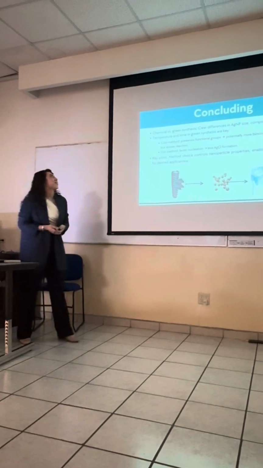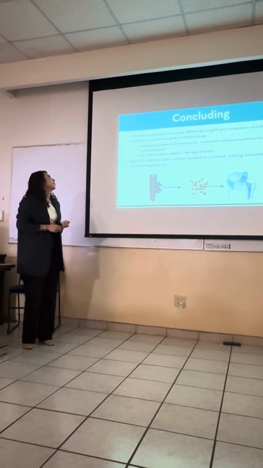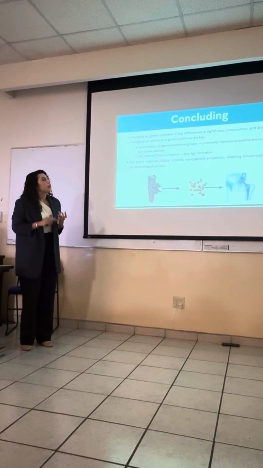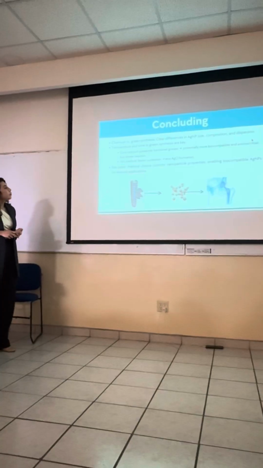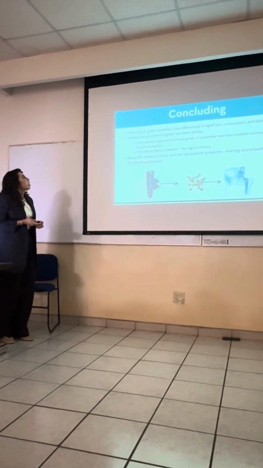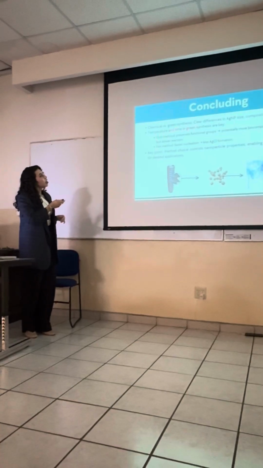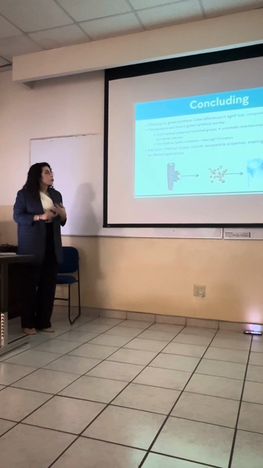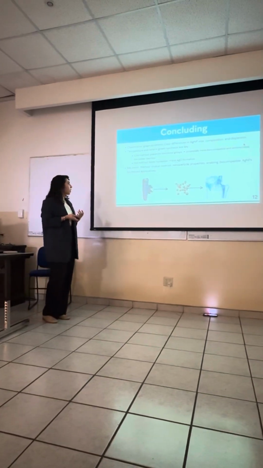So as a conclusion, by comparing the chemical and green synthesis, we could see clear differences in the AgNPs' size, composition, dispersion, etc. We have shown, apparently, that temperature and time in a green synthesis are key. With a cold method, we preserve functional groups and potentially have more biocompatible materials.